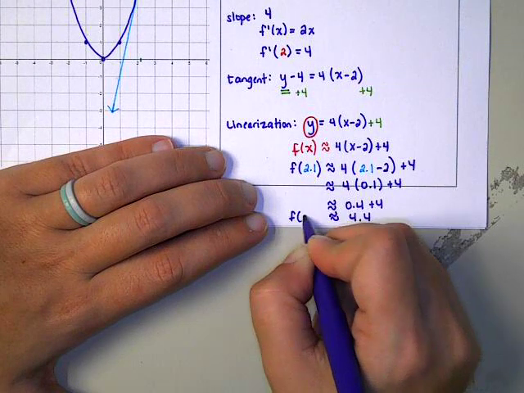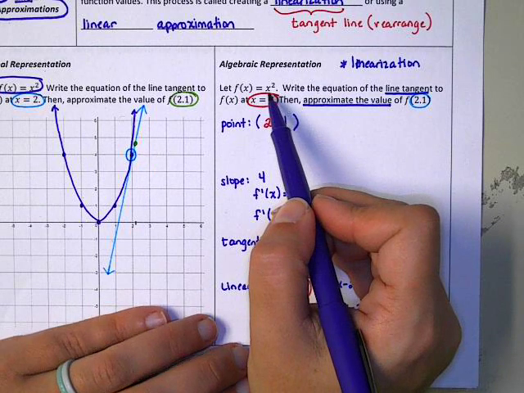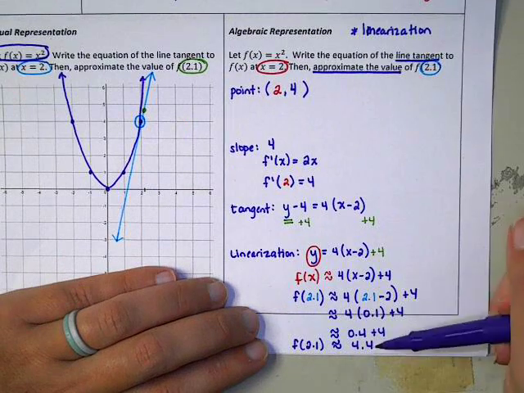So we're estimating that 2.1 squared is approximately 4.4.